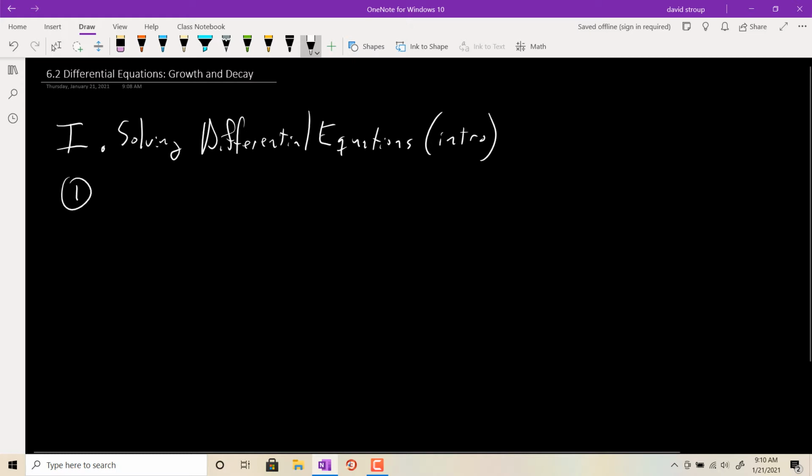So a simple example, dy with respect to dx, I need an x, not a t, equals x plus 3. So all you're doing is integrating both sides with respect to x, but you can think of it as separating.